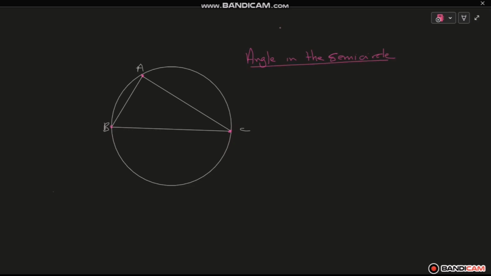As we have BC here, and we have angle A, BC is a diameter. It means that it forms an angle of 90 at the circumference at A, meaning angle A equals 90. The reason is angle in the semicircle. That's very, very important, guys, for you to know.